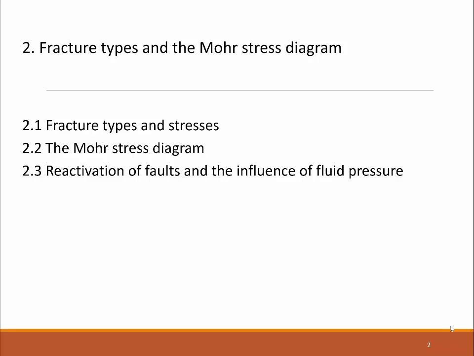If you are sufficiently familiar with that, you might want to skip this section and go straight for the second and the third part, which introduce the Mohr stress diagram, explain what you can do with it and how it works, and how we can use it to assess the likelihood of reactivation of faults and what the influence of fluid pressure changes is on the stability of rocks.